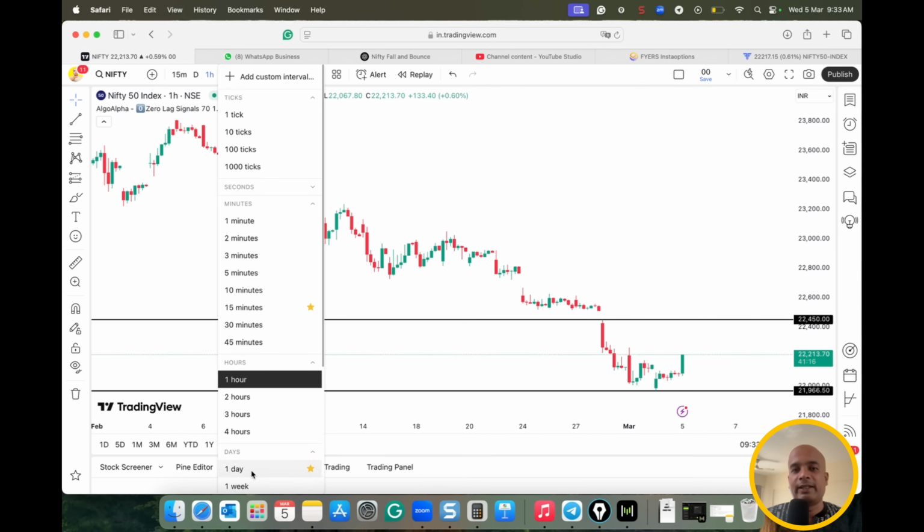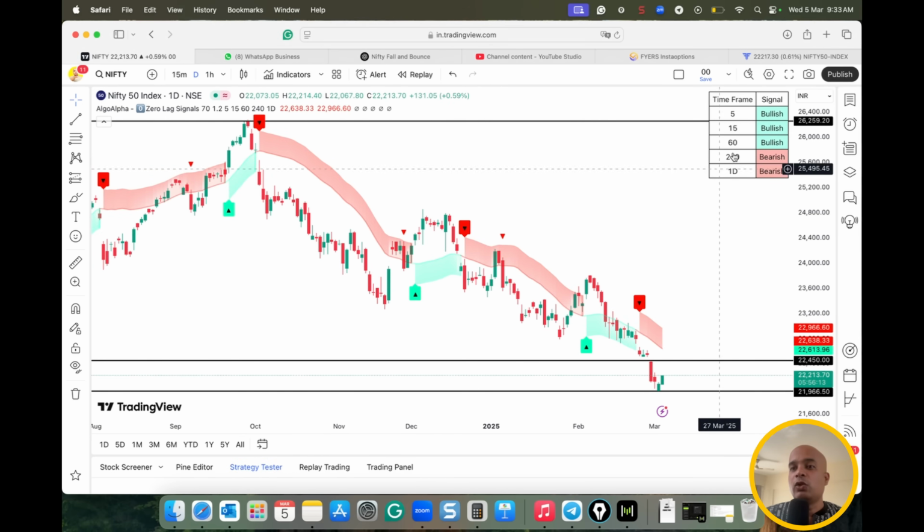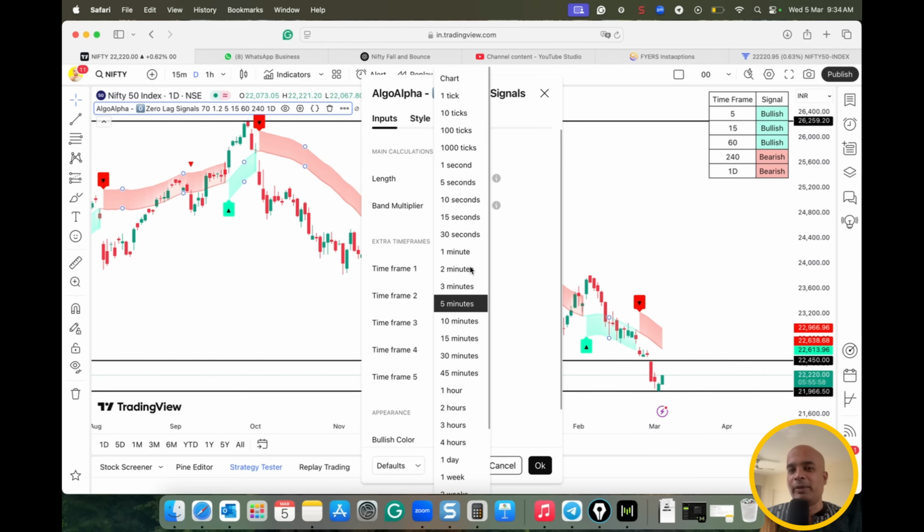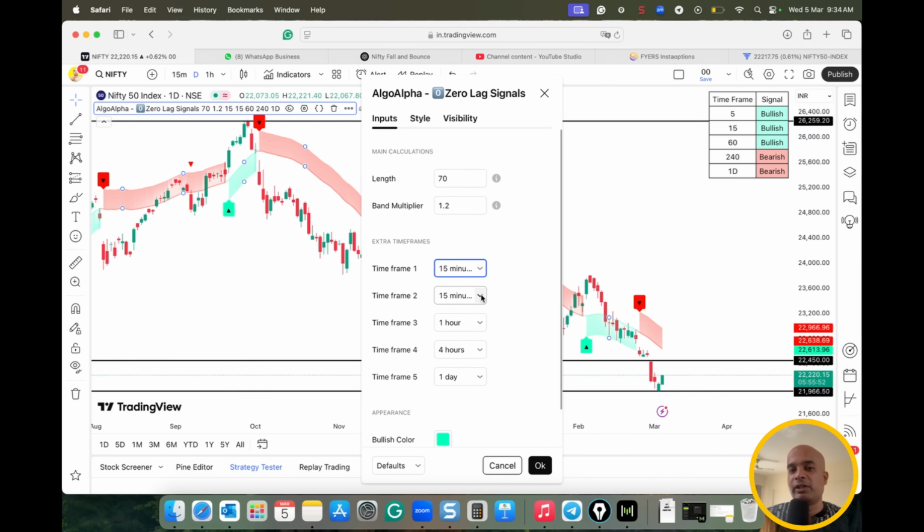I will go to daily time frame. Okay, so you can also modify this time frame. Let's say you don't want this 240, you don't want 5 minute. Personally, I don't use 5 minute also. So what I can do is, if I go to the indicator settings inputs, I don't need 5 minute. Probably I need only 15 minutes, and sometimes even I don't use that.